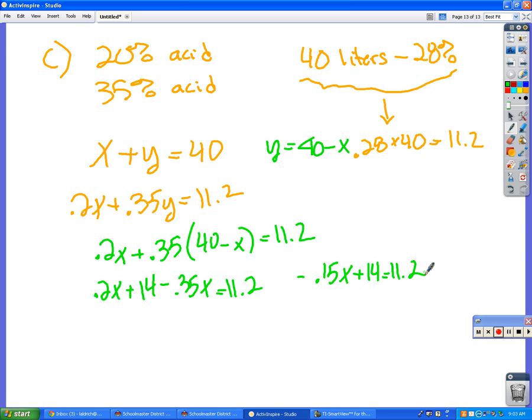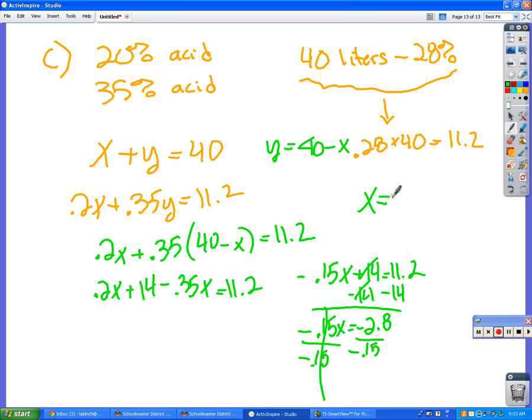So subtract 14 from both sides. Those cancel and give you negative 2.8. And then to solve it, you divide by negative 0.15. So what do you get? Positive, around 19-ish. 18 and 2/3, 18.6.